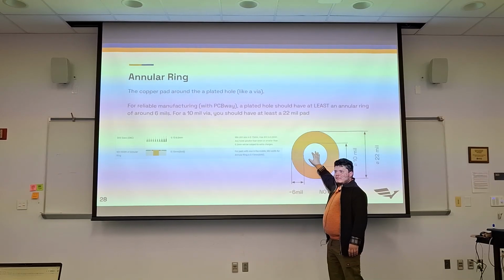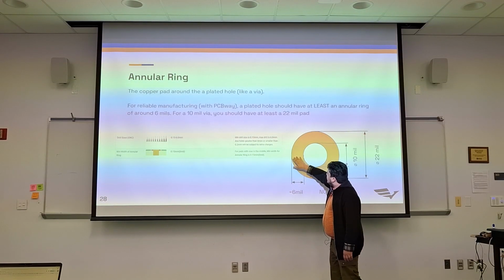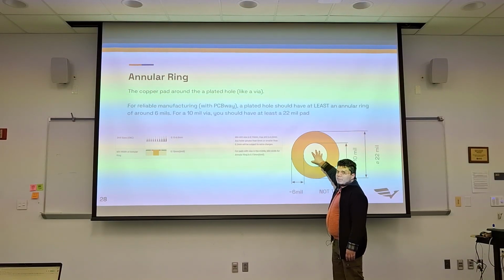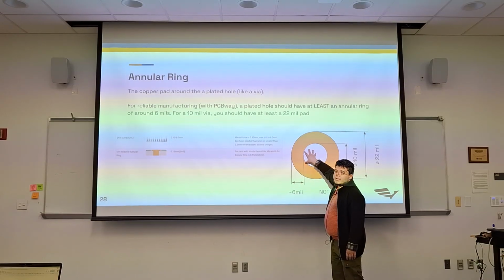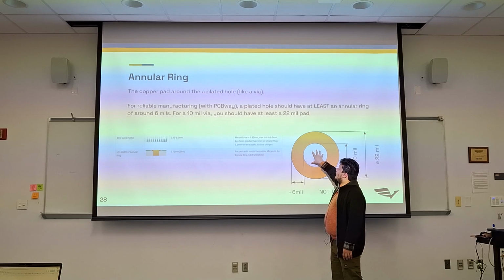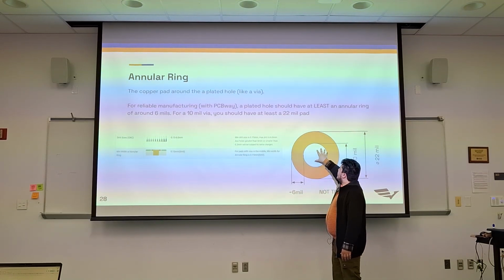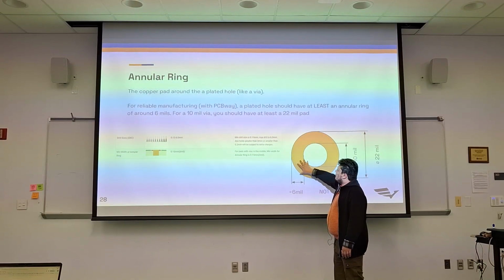Since manufacturing is not always going to be perfect, we try to get the nicest tolerance that we can, but you need to account for, at least with vias, this hole could be slightly to the left, could be slightly to the right, it could be slightly offset. And if your annular ring is too small, then your hole might be too far off, and you're not going to get a good connection.